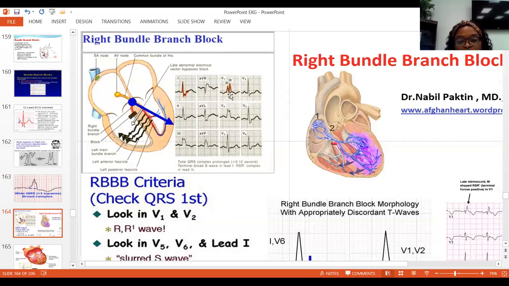See our double R. And then here we see V2. You're also going to look in V5 and V6 for that slurred S wave. See here, you see the dip in the S in V5 and V6.